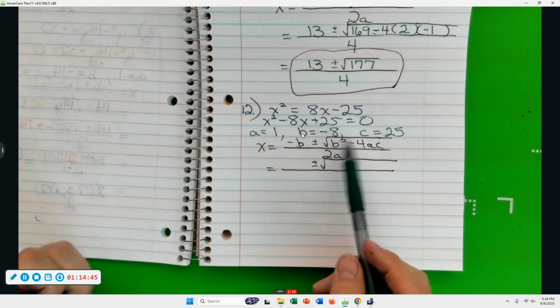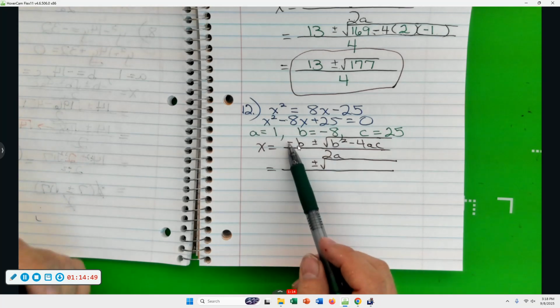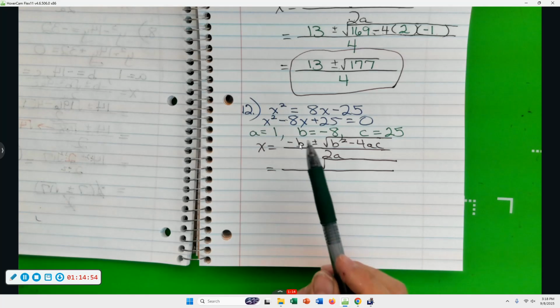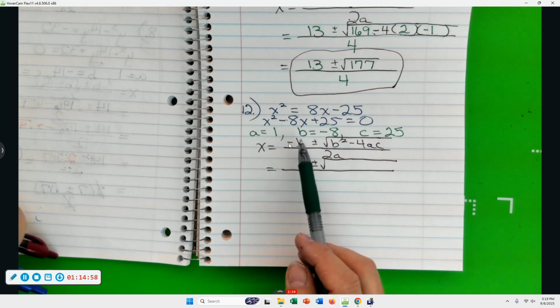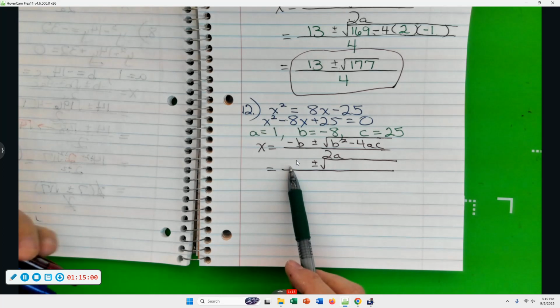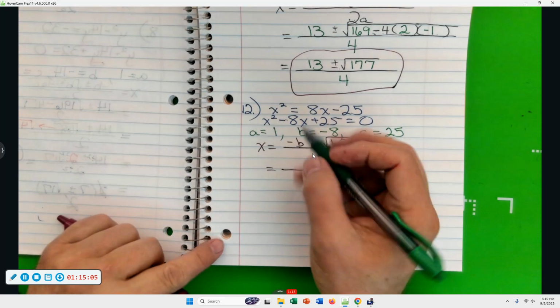Negative b. It seems like every b we've used today has been negative, and then we made it negative again, so it became positive. Eventually there'll be some positive b's, so when you make it negative, you'll have a negative sign in front. But as it is, the opposite of negative 8 is a positive 8.